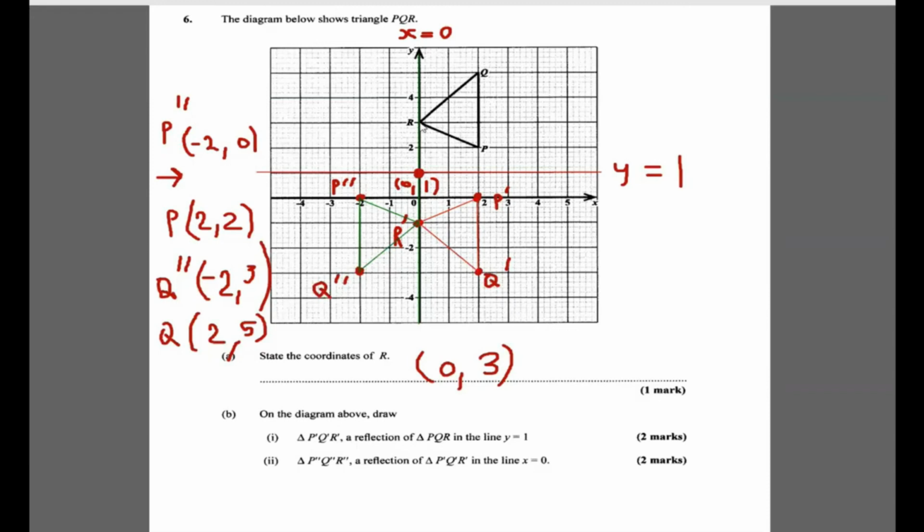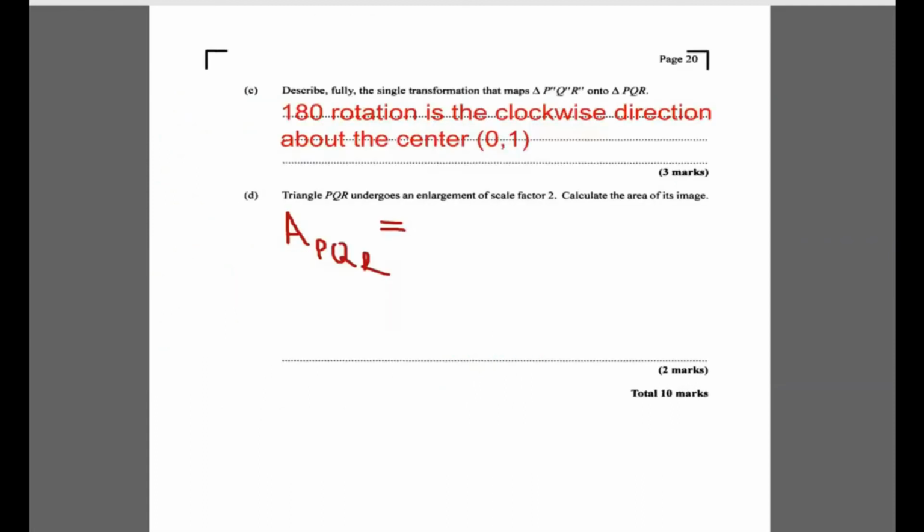If I were to split it into 2 triangles right here, the area of this triangle would be, the height is 2 units and the base is 1, so the area is 1. And then this side, the base is 2 and the height is 2, and so the area up here is 2. 2 plus 1 is 3, and so the area of triangle PQR is 3 units.